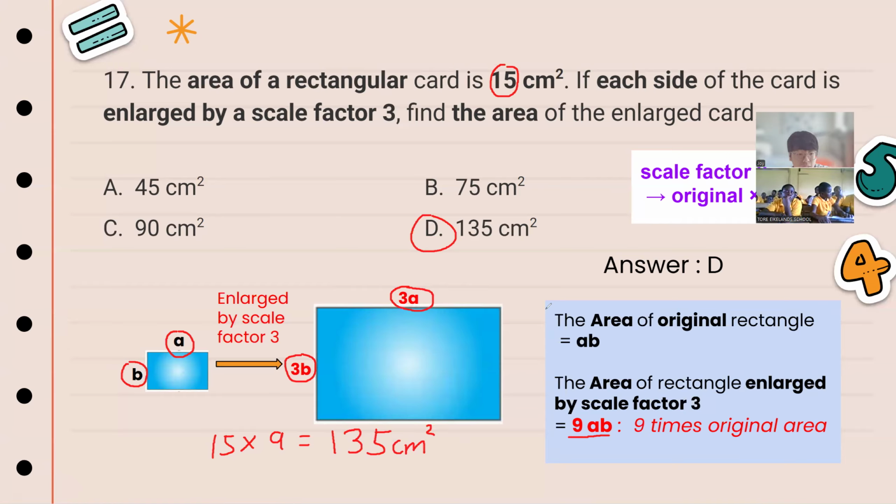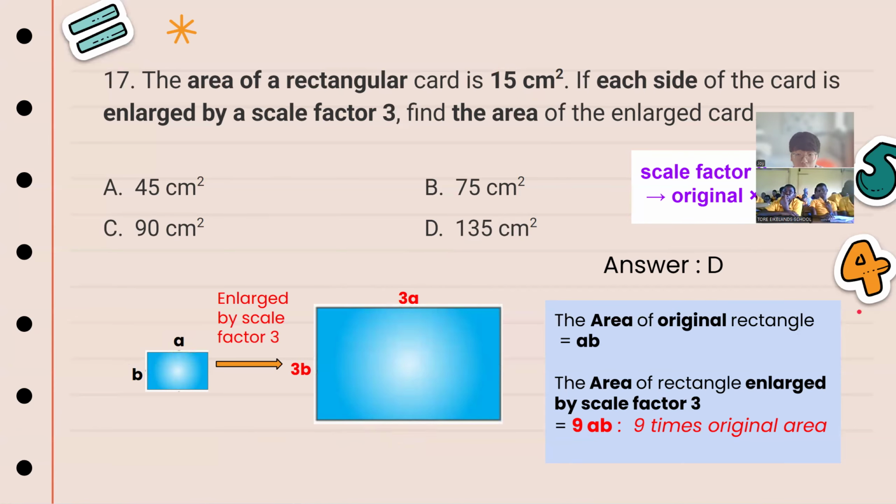That's why the answer is D. So if the scale factor is 3 on each side, then it is 3A times 3B, which is 9AB. Okay, let's move on to the next question.